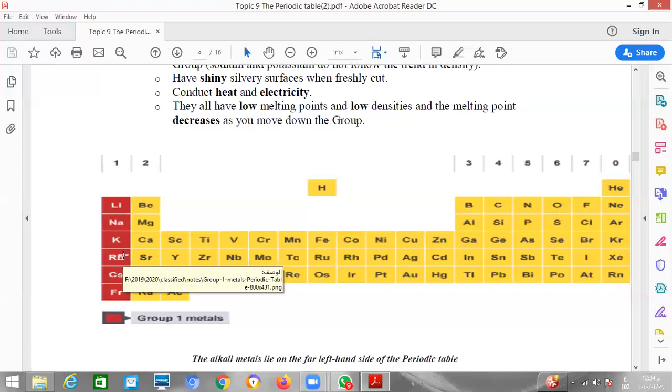The observation is a squeaky pop sound. This is a common question in the IGCSE exam.